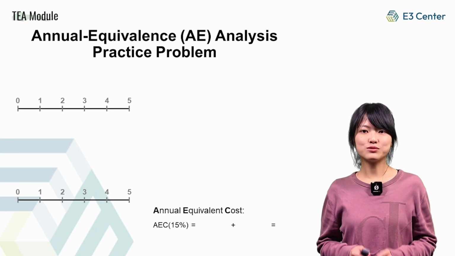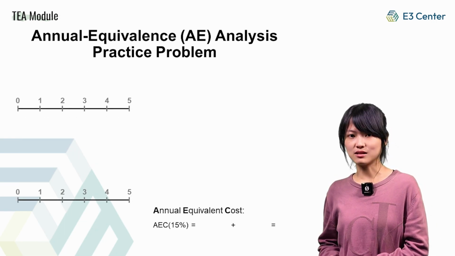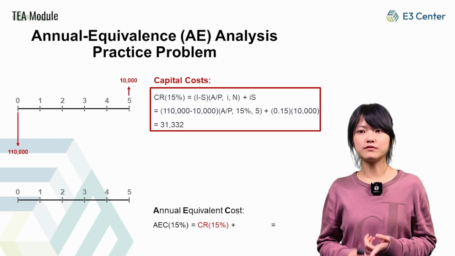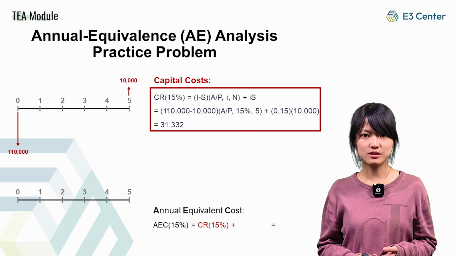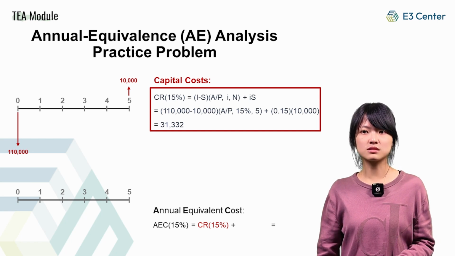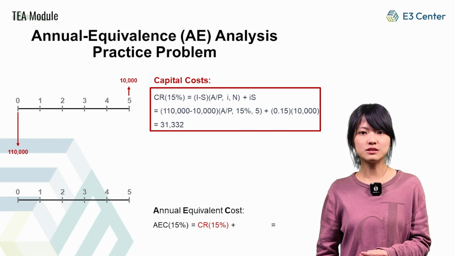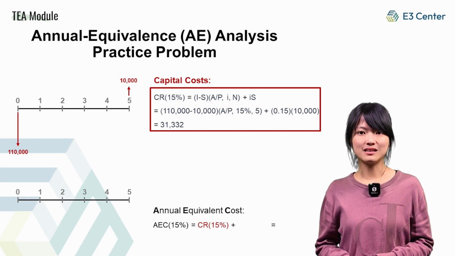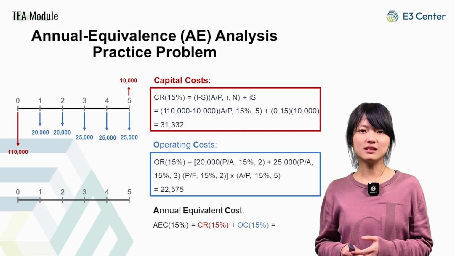To solve this, we will perform an AE analysis. Start with the capital cost, and use the formula for capital recovery. We find the annual equivalent of this capital cost, or the capital recovery, is about $31,300. Next is operating cost.